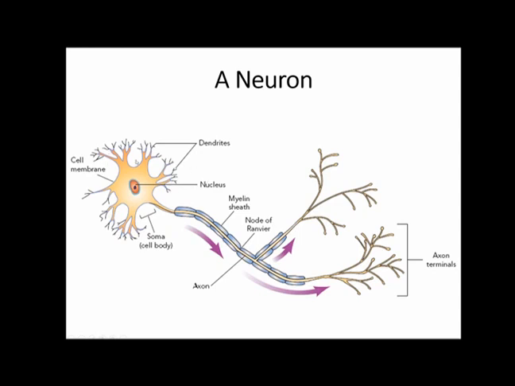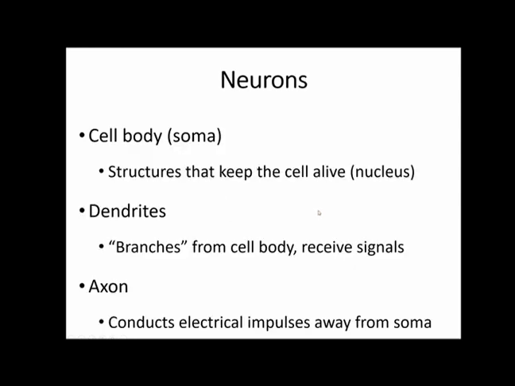And so if these are receiving a signal, we can already see these arrows showing directionality. But if the dendrites are bringing in a signal, and then the signal travels outward, we then come to our third portion of our neuron, and this is the axon. And an axon conducts electrical impulses away from the soma or the cell body.